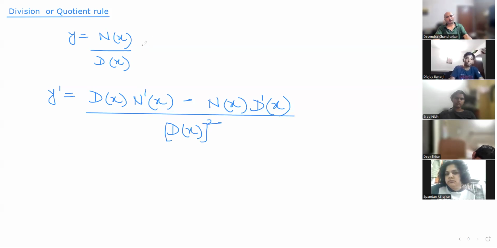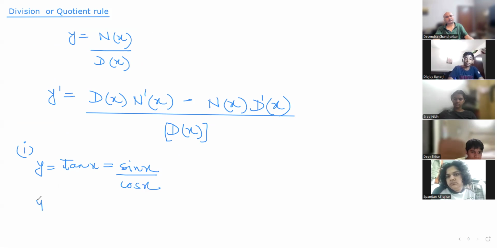Got it? So this is, suppose, let's take one example. Suppose I want to differentiate tan x. So what is tan x? We write it in this format, sin x upon cos x. Y dash is cos x remains as it is. Differentiation of sin x is cos x minus sin x remains as it is.